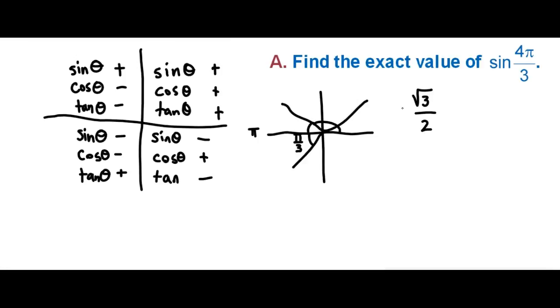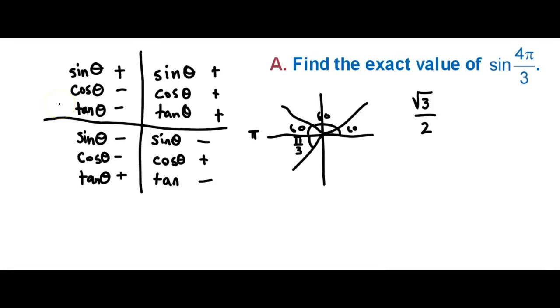And if you want to think of that in terms of degrees, you essentially have 180 degrees divided in 3. So this is 60, 60, 60, and then you have one more 60 for our reference angle.